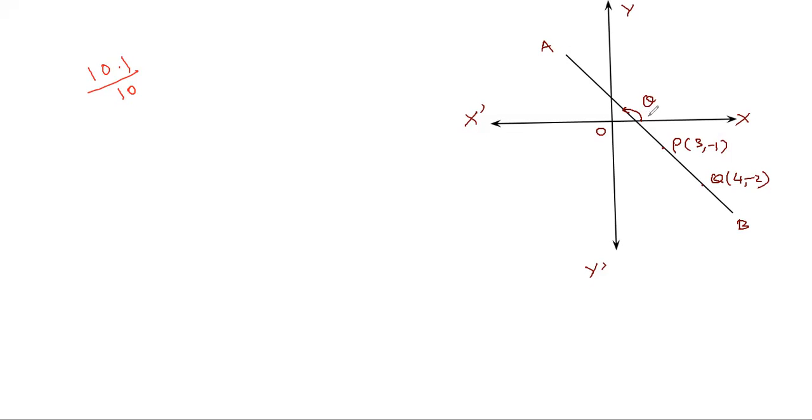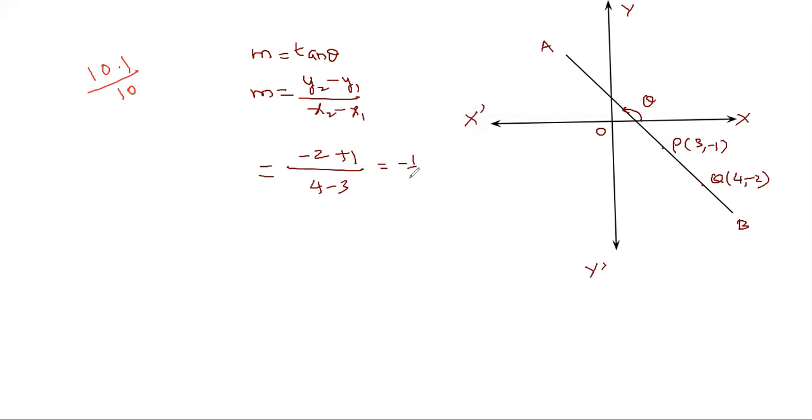You know that m is equal to tan theta, and we can also find the slope by using both the formulas. m equal to tan theta is the slope of this line when theta is known, and also m can be calculated by using (y2 minus y1) upon (x2 minus x1). So both can be equated to get the value of theta. So y2 minus y1, minus 2 minus minus 1, x2 minus x1, 4 minus 3.